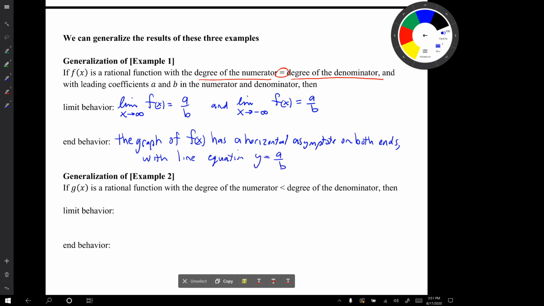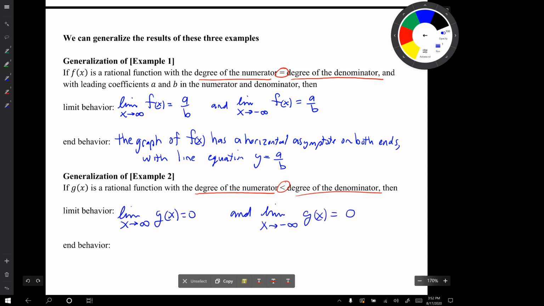What about the generalization of example 2? Well, in example 2, we had a function that had the degree of the numerator less than the degree of the denominator. Well, then, in that case, we found that the limit as x goes to infinity of g of x is 0, and the limit as x goes to negative infinity of g of x is 0.